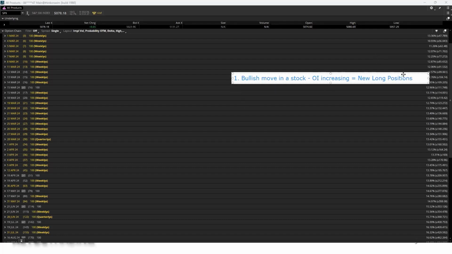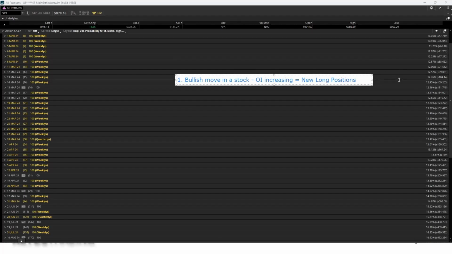The cool thing about this is you can use this without even looking at a chart. You literally can trade off options data without ever looking at a price chart. I'm not suggesting you do that or saying you have to, but this is probably more reliable than trying to use technical analysis on a chart to forecast price. I like to use them together, but that would be one instance.